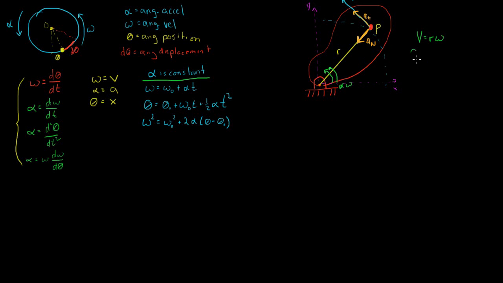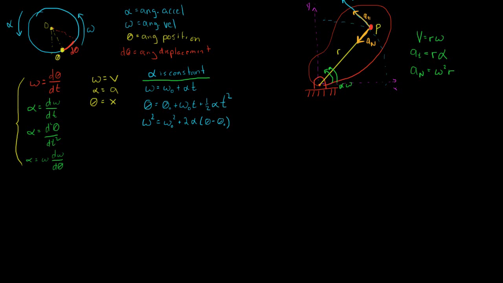The tangential acceleration, at, is equal to r times the angular acceleration, and the normal acceleration is equal to omega squared, the angular velocity squared, times r.